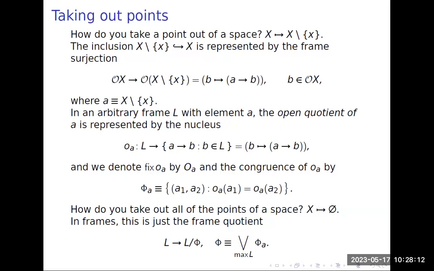So if A is a maximal element, then A arrow B is simply the biggest member of the overframe whose meet with A is A meet B. Okay? That's the Heyting arrow there. And the nucleus here is the map which pushes every element B to A arrow B. Okay?